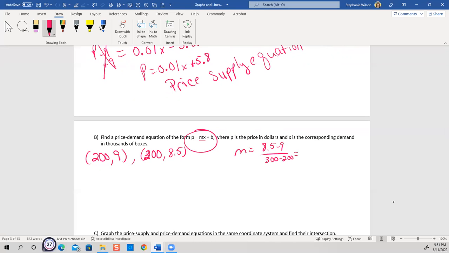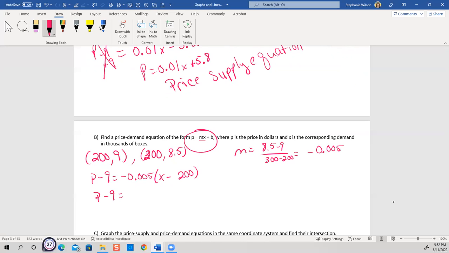What do I get? I get this negative value for my slope. I'm going to plug it in and I'm going to use the first ordered pair. So now it's in point-slope form.